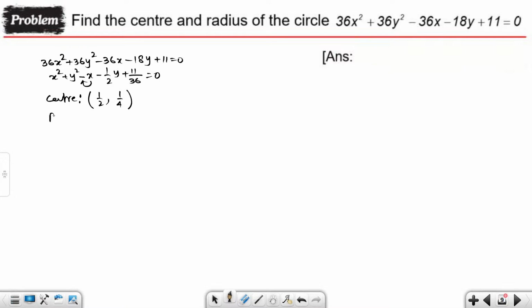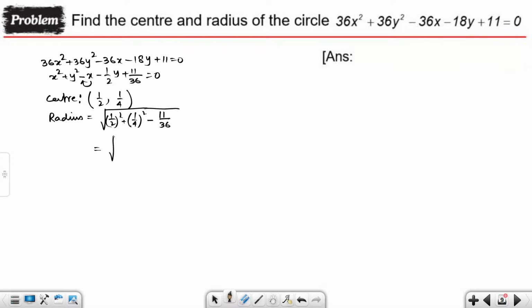Now what will be its radius? How to find the radius? Root over (1 by 2) whole square plus (1 by 4) whole square minus its constant. The constant is 11 over 36.